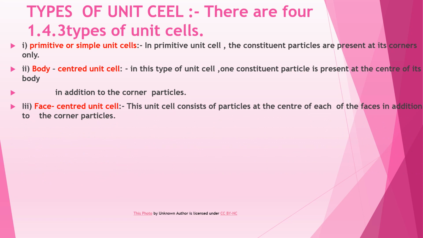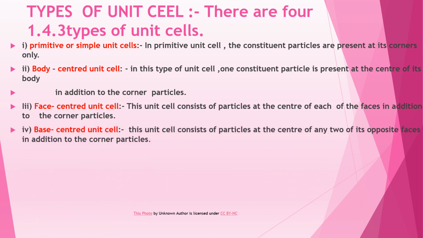Third one, face-centered cubic unit cell. This unit cell consists of a particle at the center of each face in addition to the corner particles. Means simply, all the 6 faces have half particles and the 8 corners have 1 particle each.